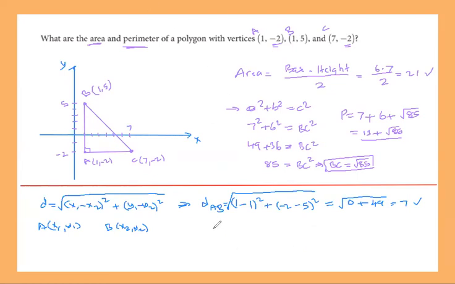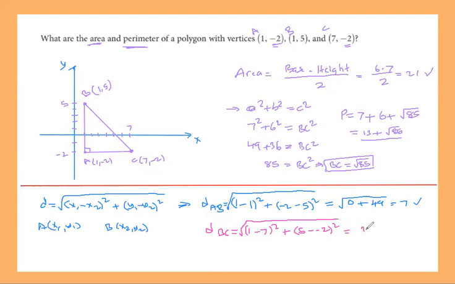If I want to find BC, because that was a little bit challenging, let's take this as my x1, and this as my x2. So you should get 1 minus 7 to the second power, plus you take the y value as 5 minus negative 2. So you take that difference, and this whole quantity will be under the square root. 1 minus 7 is negative 6.